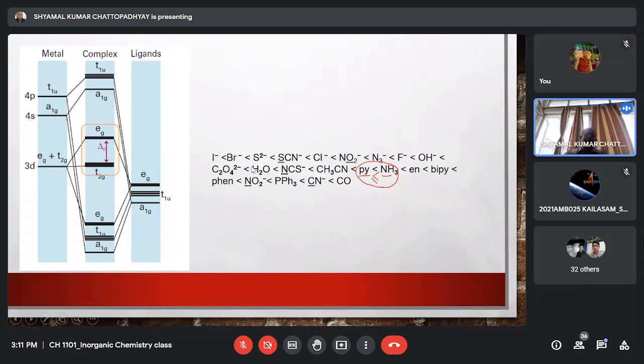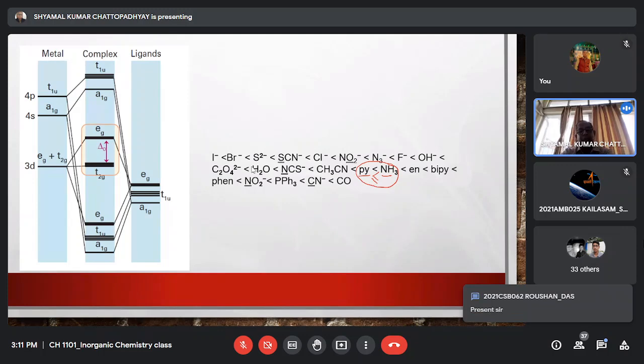So these are some of the applications of MO theory which you must learn from any of the standard books. I recommend mainly two books, either the Shriver-Atkins book of inorganic chemistry or the Keeler books, where these things are discussed. The ammonia-pyridine case and the hydroxyl case are discussed. Please go through them, because this kind of question comes very often in the exam.